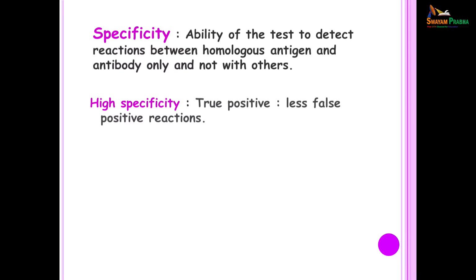Another terminology you will come across is specificity. Now, when we talk about the specificity of the test, we talk about its ability to detect reactions between homologous antigen and antibody only. Only homologous antigen and antibody and not with others.